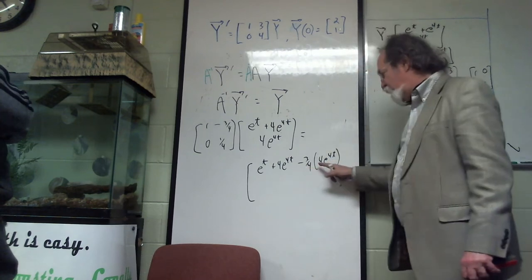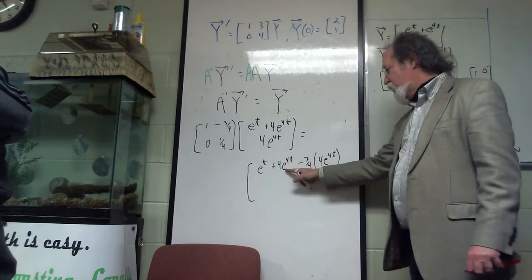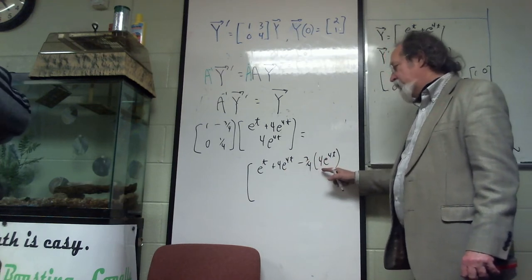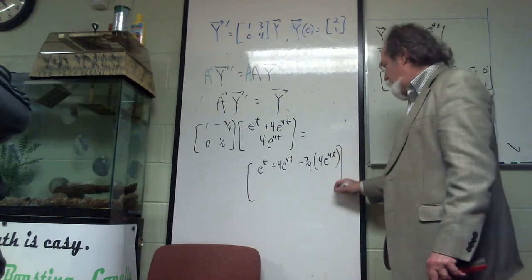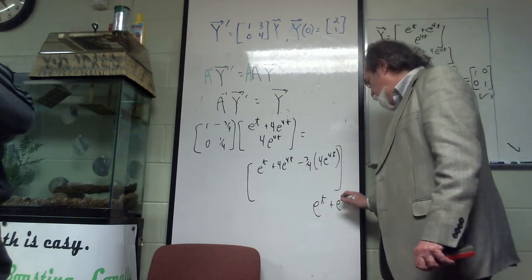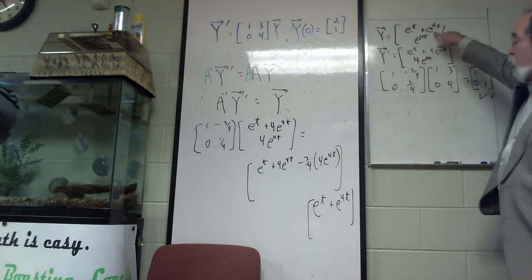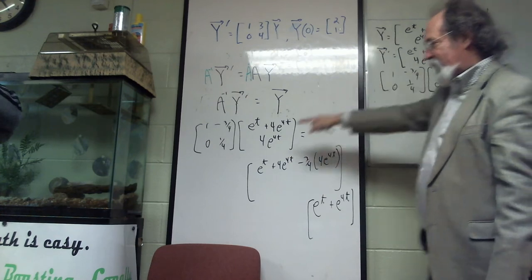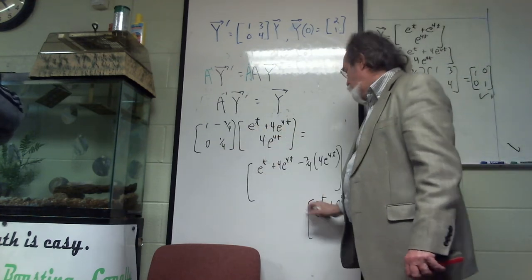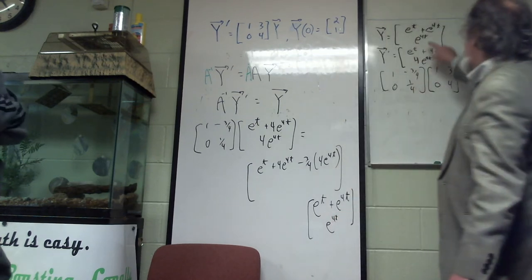So the minus 3/4 times the 4 cancel, and I have 4e to the 4t minus 3e to the 4t. So I'm going to get e to the t plus e to the 4t, which is our first entry of y. We matched. Now let's check the second one. That's even easier. 0 times the whole top is 0, plus 1/4 times the 4. That's a bare e to the 4t, no number in front. Check.